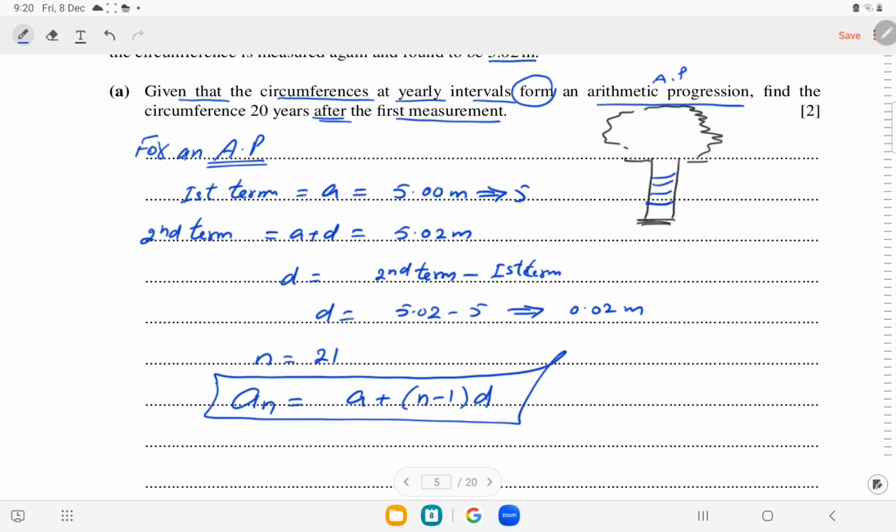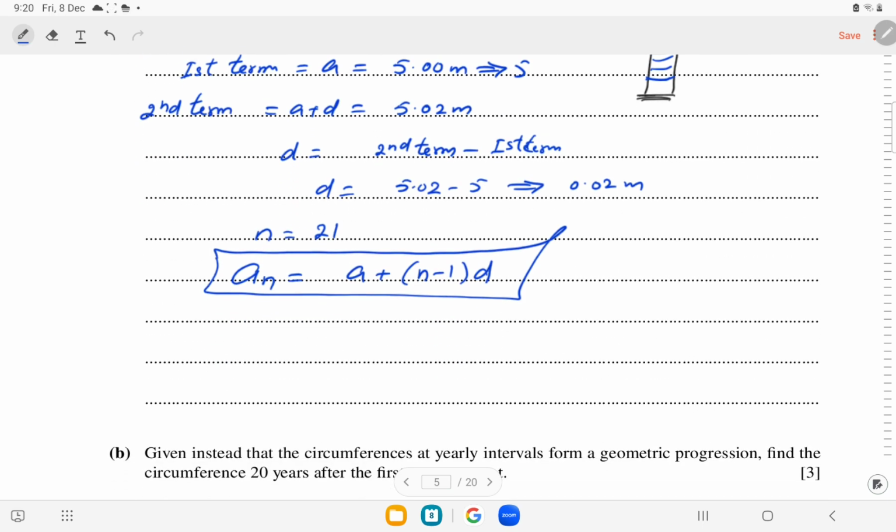So replace the values here. a21 will be 5 plus (21 minus 1) times d, which is 0.02.